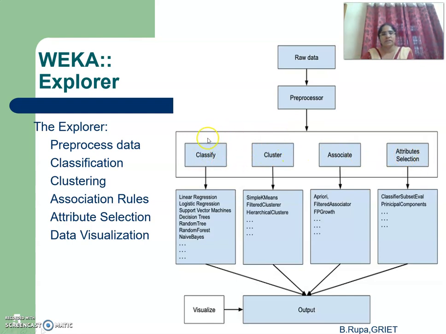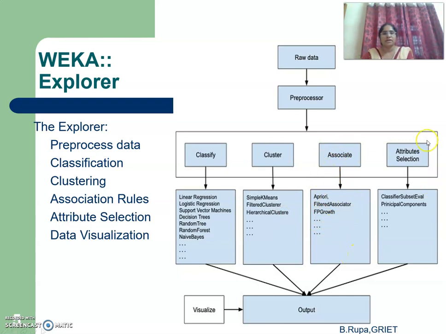In each of these we have different algorithms available. In classification, we have Naive Bayes, random forest, decision tree, linear regression, logistic regression, support vector machines. In clustering, we have k-means, k-medoids, some filtered cluster algorithms, hierarchical algorithms, density-based algorithms. In association rule mining, we have Apriori and FP growth algorithms.